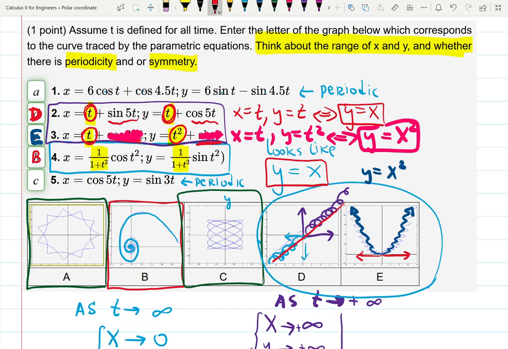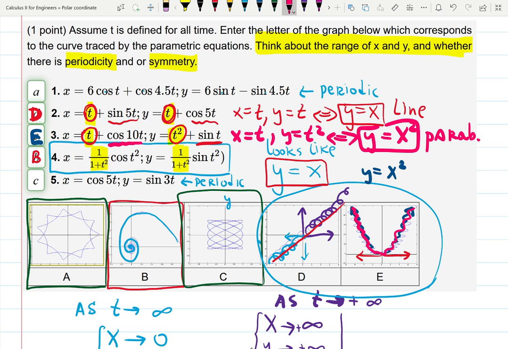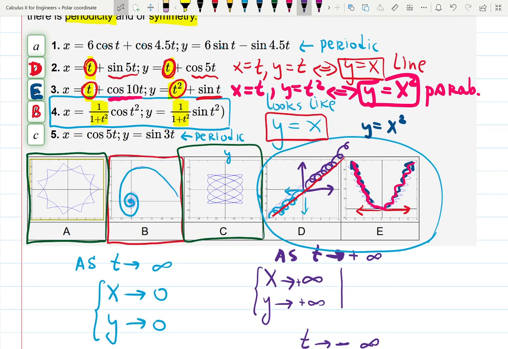So let me write down. This one was a line, this one is a parabola, and it's exactly what it is. It is a parabola. And then these cosines and sines add the wiggly part for the parabola. So it basically oscillates. And now there are only two left. So these are the hardest ones, I would say. Oh, let me finish writing for this one.